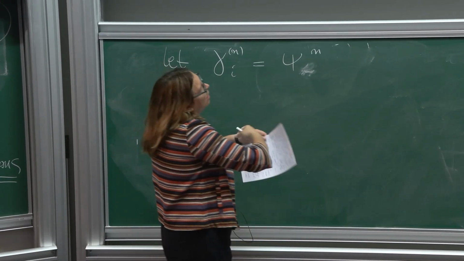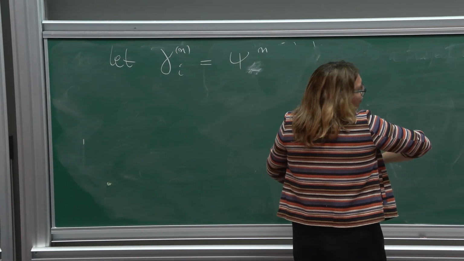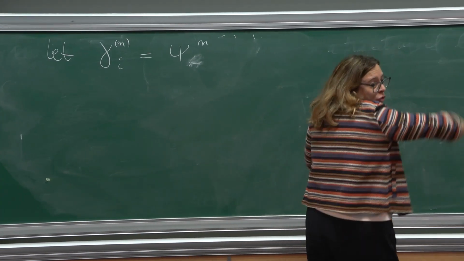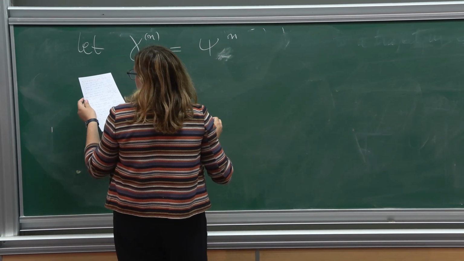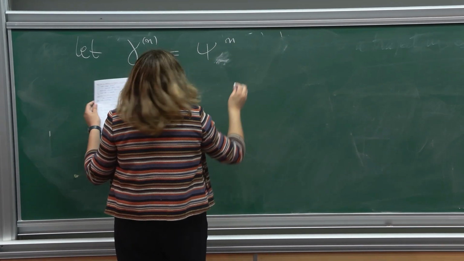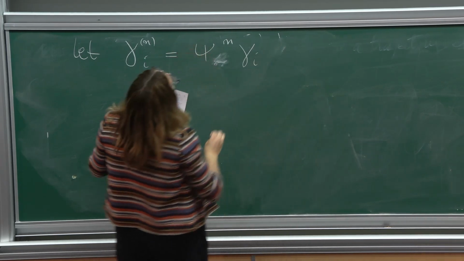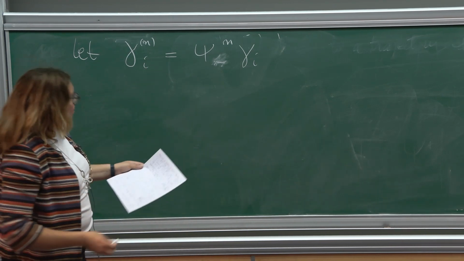So I take my trajectories in the flow direction, and now I'm doing some kind of inverse renormalization. I'm doing the diffeo which stretches the flow direction. So this is psi of gamma i. I take them and I stretch them.